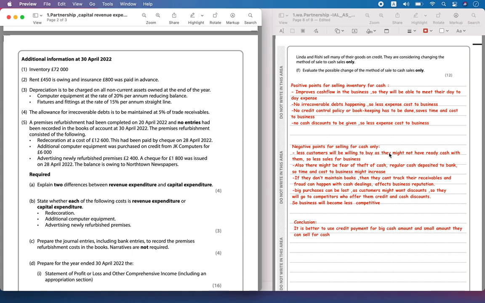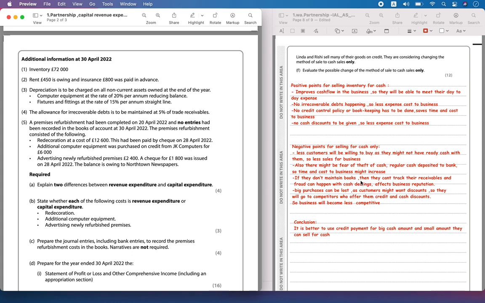However, the negative points for selling for cash only will be that fewer customers will be willing to buy because they will not have such a big amount of cash. This means fewer sales for the business, and also there might be fear of theft. When they collect a lot of cash and keep it in the business, they will have to maintain security, so it might increase time and cost to the business.